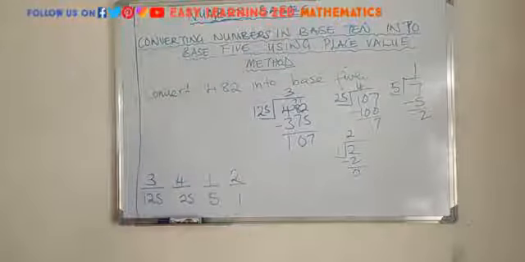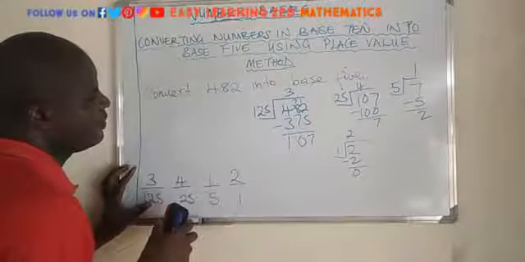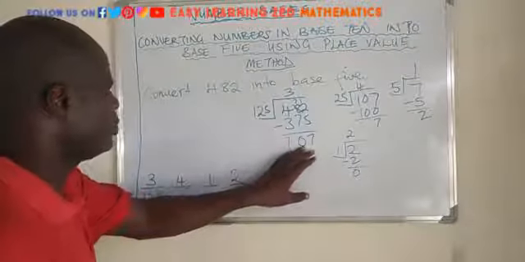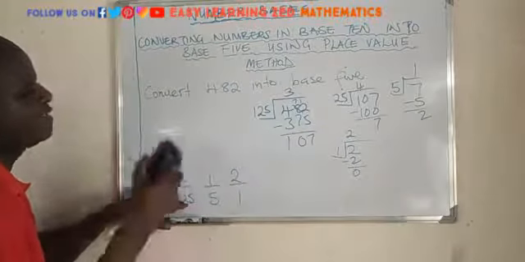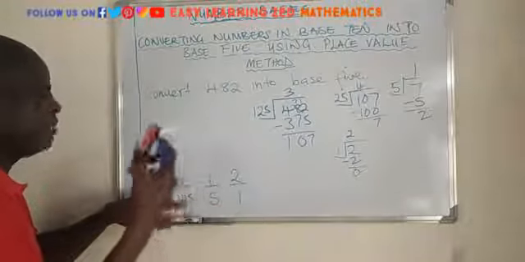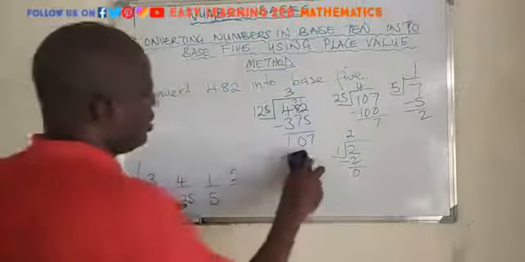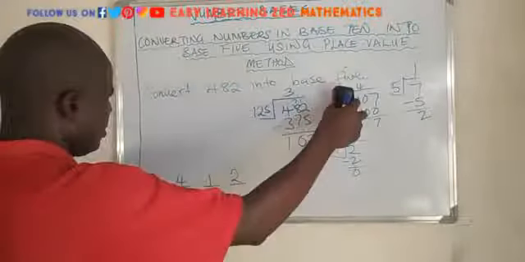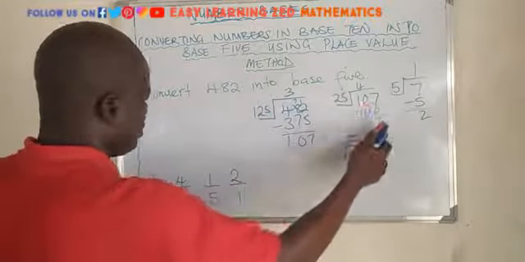Basically, if you have seen how I've been doing it, first of all I start by dividing this number by the biggest place value, which gives us 3. Then the remainder, which is 107, I divide by the next bigger place value, 25, and I get 4, remainder 7.